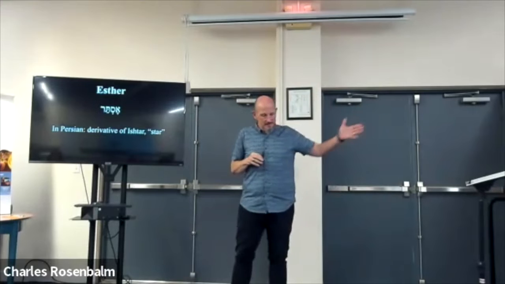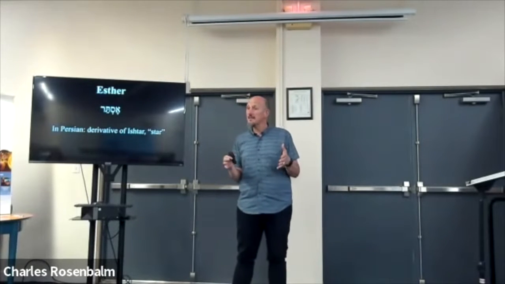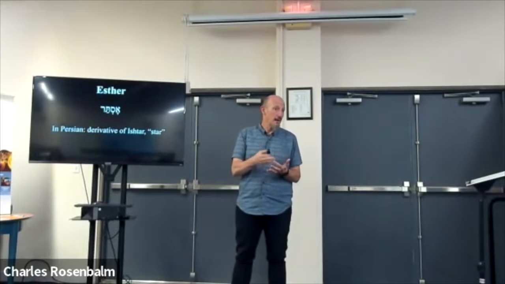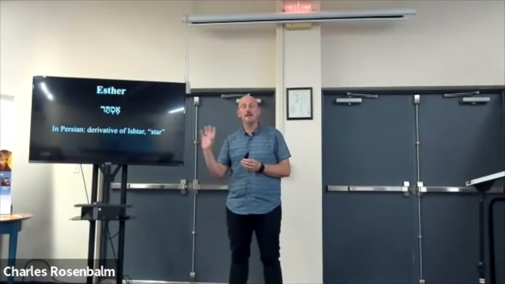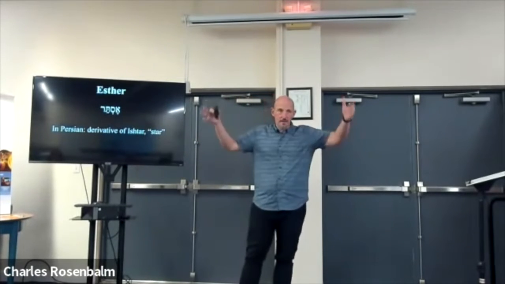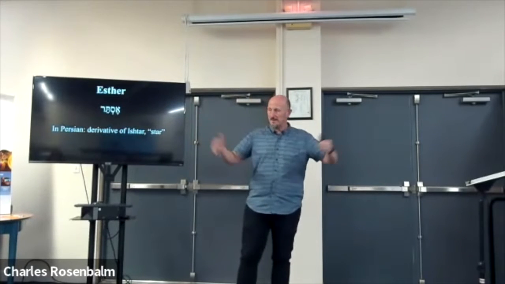And by the way, this next section, we're going to be in the exilic period with Esther, with Daniel, with Ezra, with Nehemiah, and then the Chronicles are written in the late exile, post-exilic period. So the last part of the Hebrew Bible we're considering over the next several weeks is all written in this period.